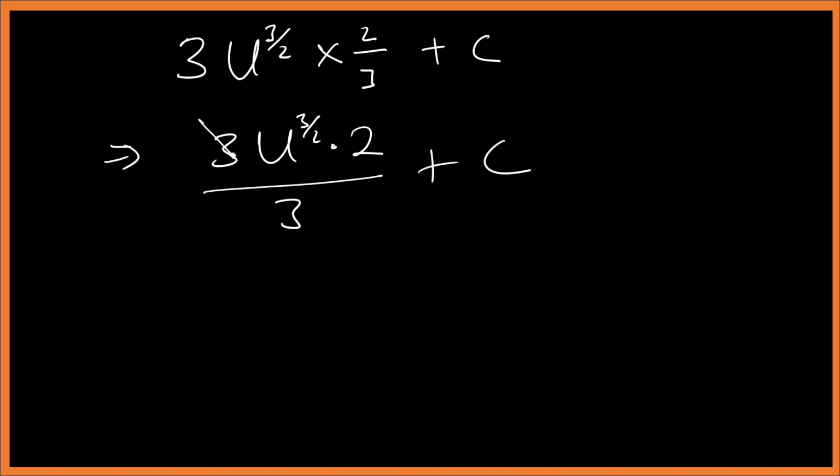The 3s cancel, so that will be 2u raised to 3 on 2 plus c.